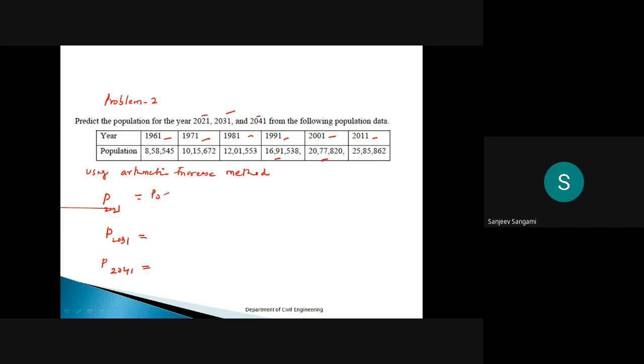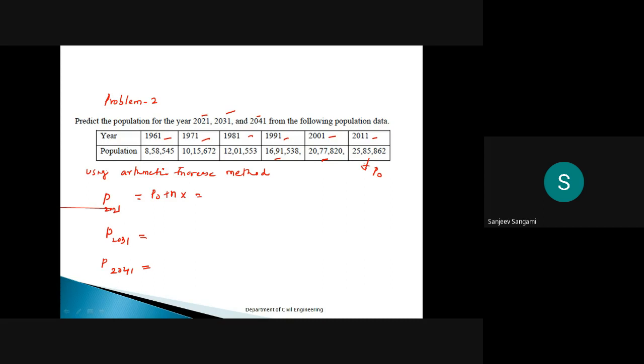That is P naught plus n x. First, what is P naught? This last population will be considered as P naught, that is the last known decade population.